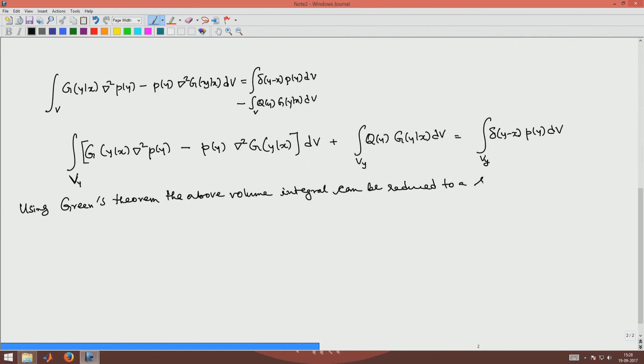To a surface integral, which is given by S y g y bar x.